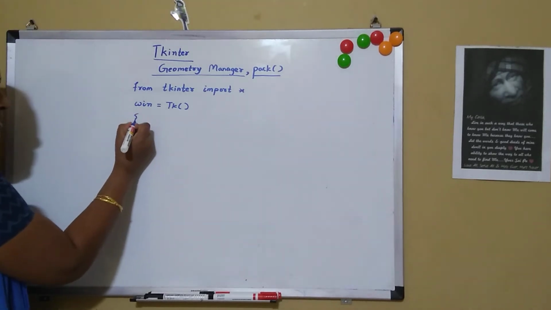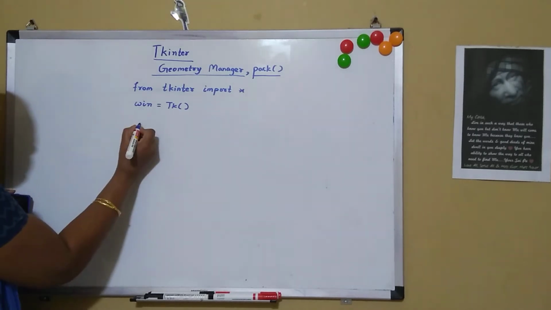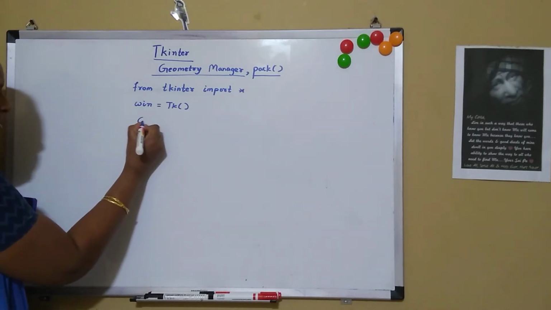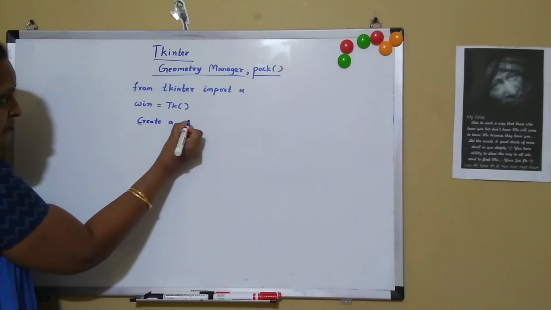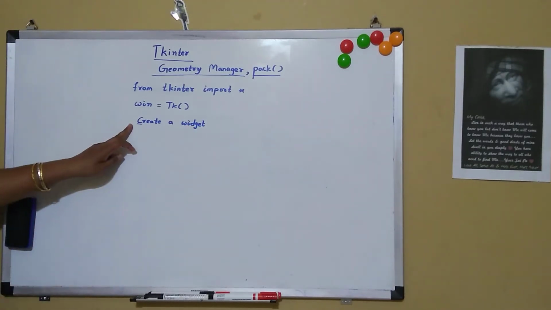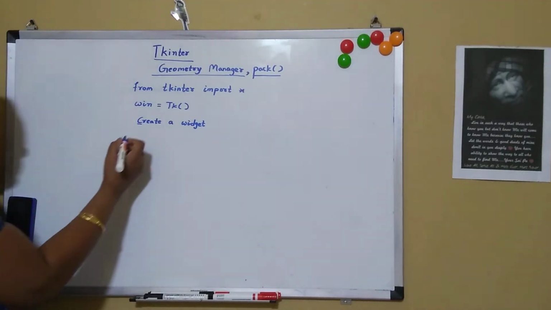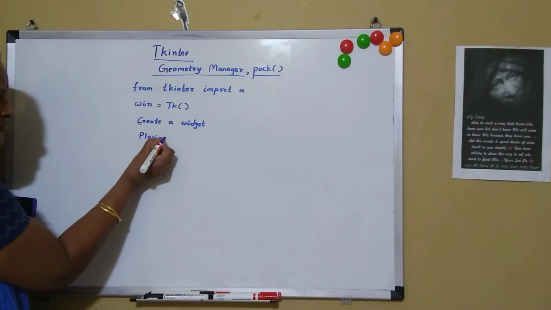Then the third step is to create a widget. This we'll look into later, how to create different widgets. And the fourth one is how we can place the widget. So next comes the placing of the widget.